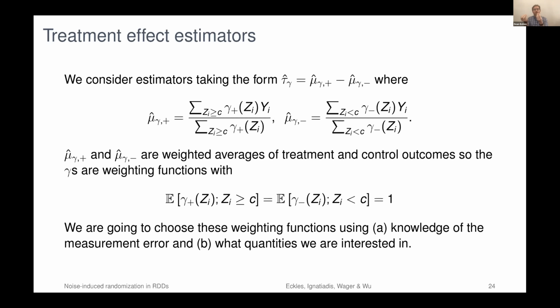The weights will depend on whether we're targeting the regression discontinuity parameter, a constant treatment effect, or one of these policy comparisons you could think of as a conditional average treatment effect for some finite region of the running variable. Okay, so these are the kind of estimators that we're going to work with.